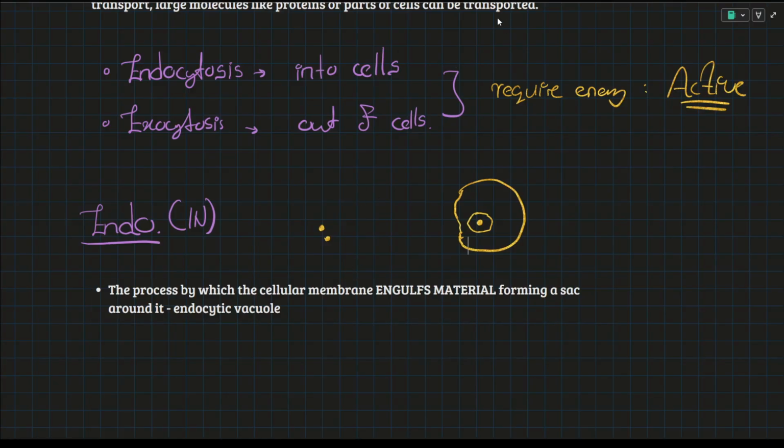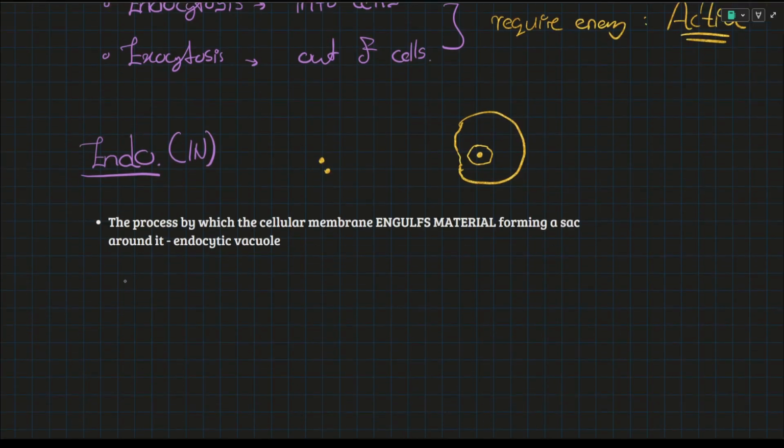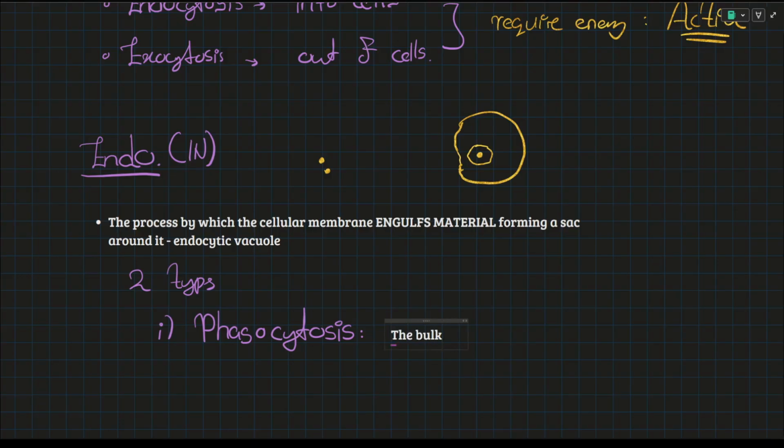Now, when it comes to endocytosis, we also have two types. Under your syllabus, you have to know of these two types. The first type is phagocytosis, which is the bulk intake of solid materials.